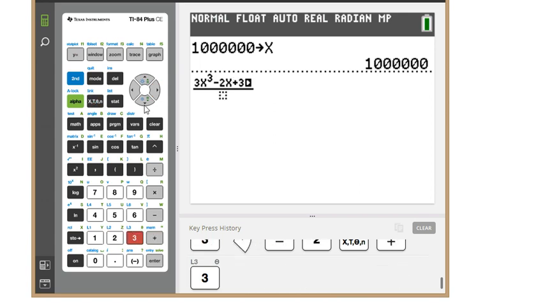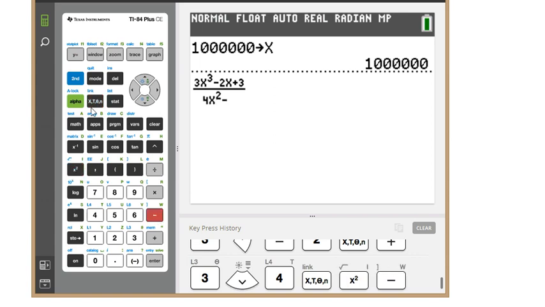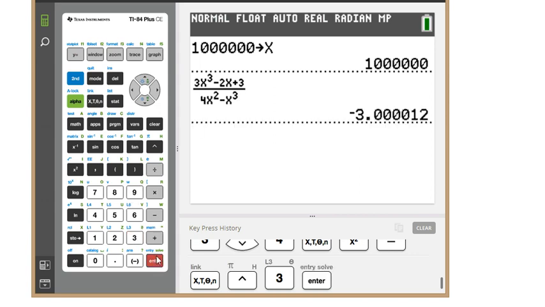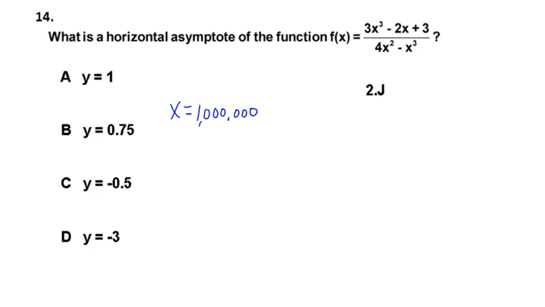And in the denominator, we have 4x squared minus x cubed. Okay, so we enter that, we get negative 3.000012. What is that close to? Yeah, negative 3.